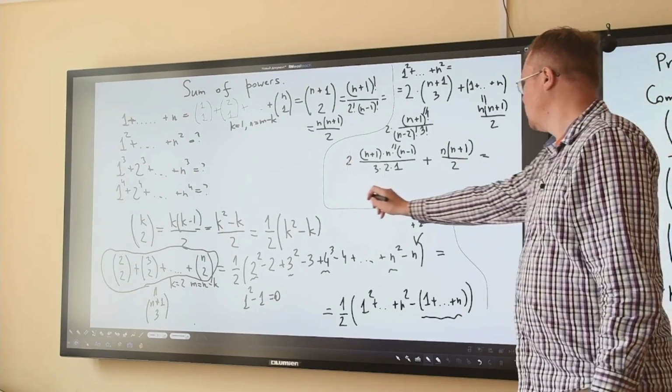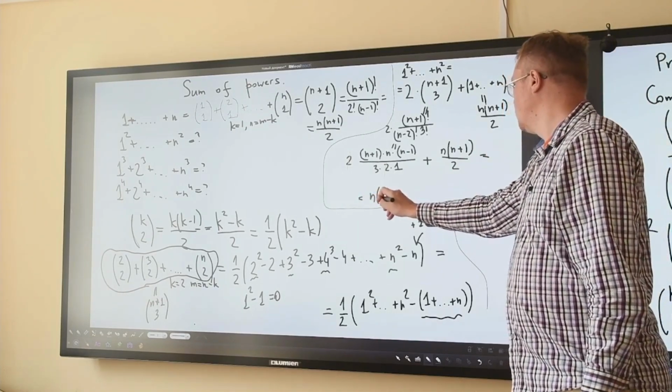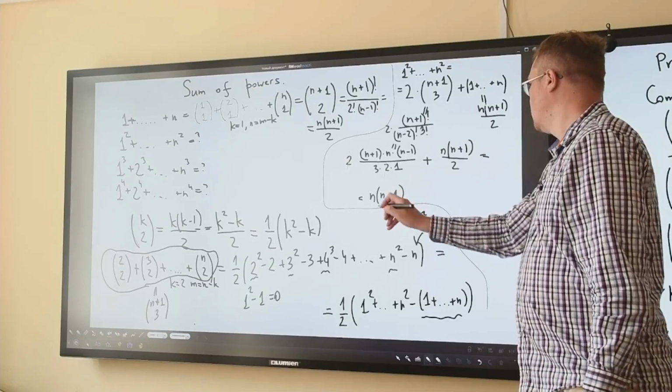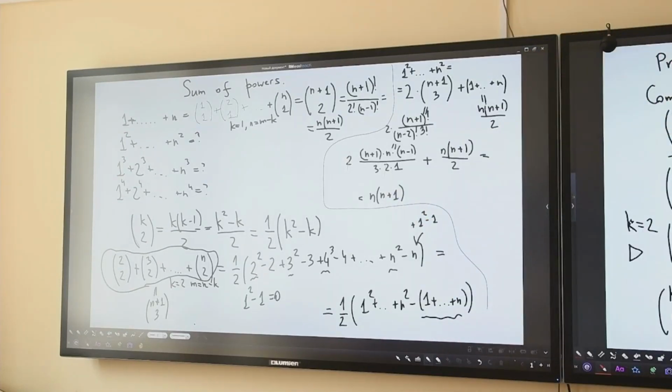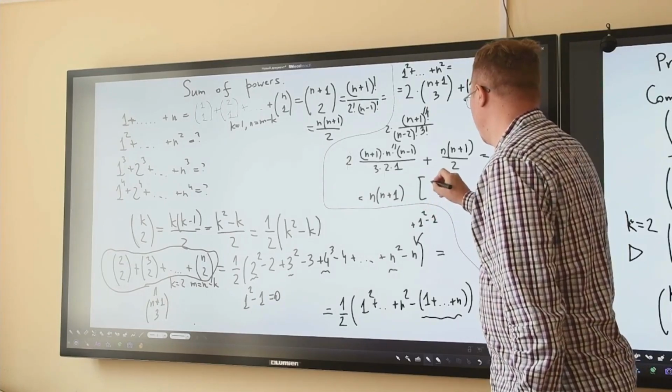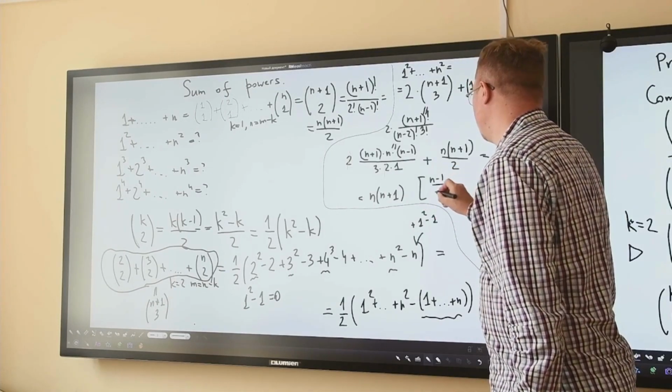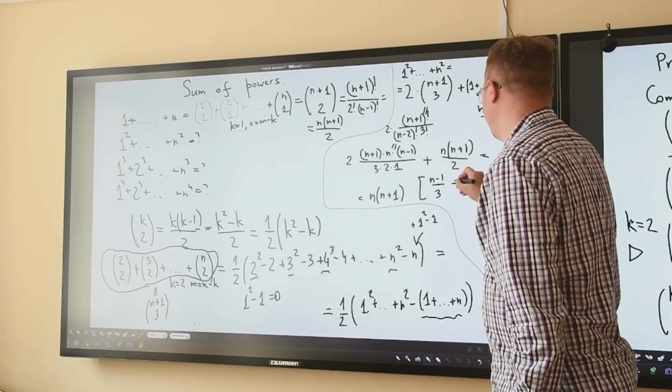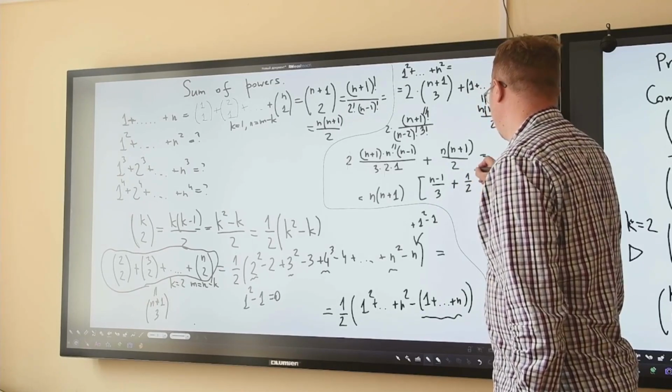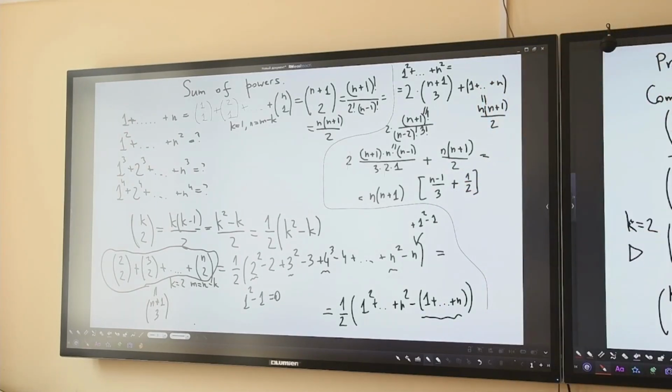So of course I can take n plus 1 outside the brackets, and inside I will have n minus 1 divided by 3 plus 1 divided by 2.